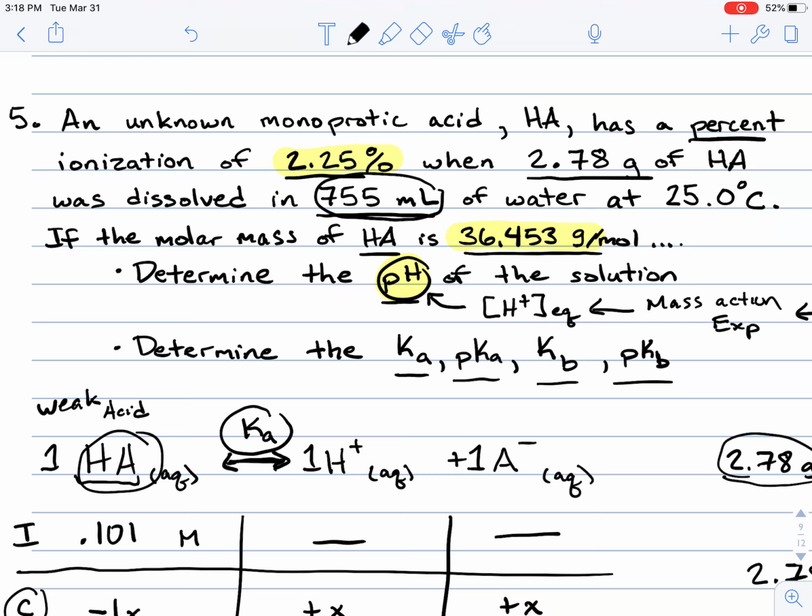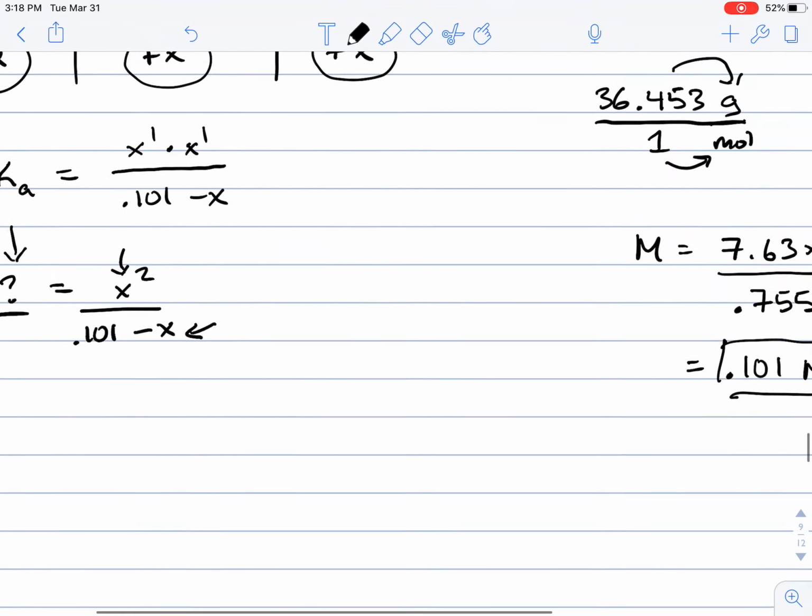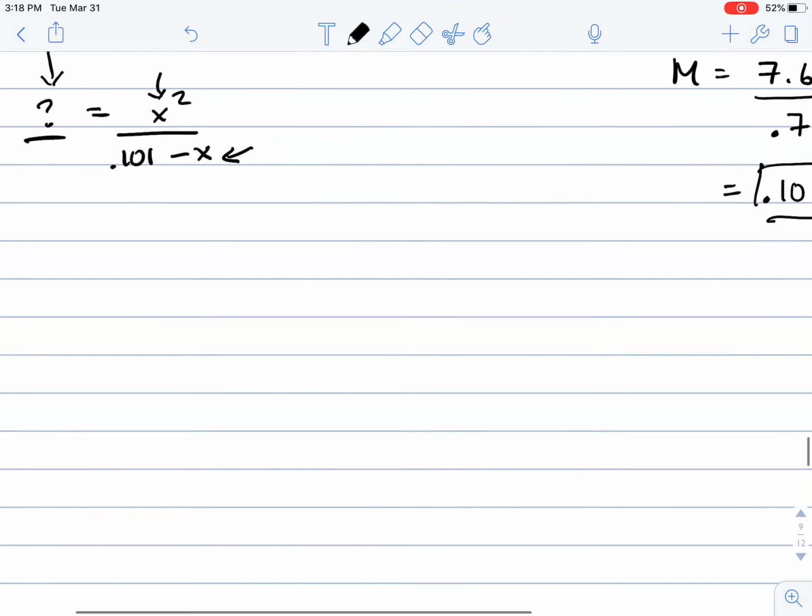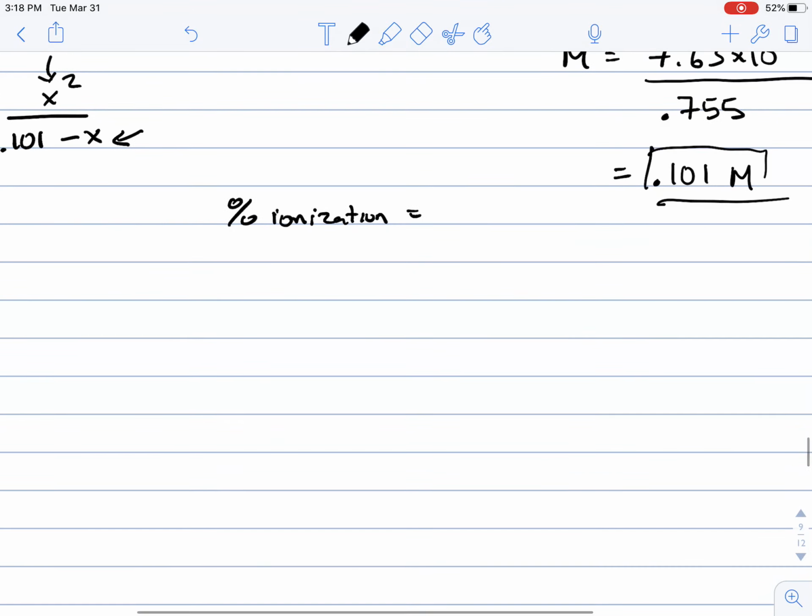So let's look at percent ionization. They told us that the percent ionization is 2.25%. If you recall from previous problems, there's a formula for percent ionization, and that's going to represent the change, or C. I've abbreviated change as C in previous problems.